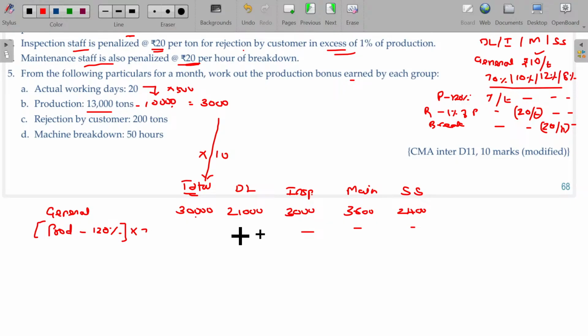So now production being 13,000, 120% of the standard is 12,000, and on that excess into 7 rupees. We expected only 12,000, but he has produced 1,000 excess. For the additional 1,000 units, 7 rupees will be the incentive, 7,000. This will be only for whom? Only for direct laborers. Others will not get.